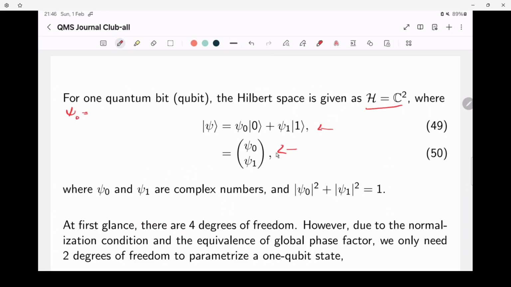So you can write something like A0 plus i B0, A1 plus i B1. If you write it in this way, because of the normalization condition, you have A0 squared plus B0 squared plus A1 squared plus B1 squared equals 1. This comes from your normalization condition.